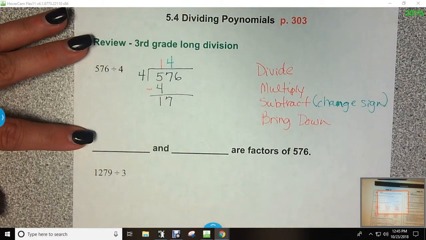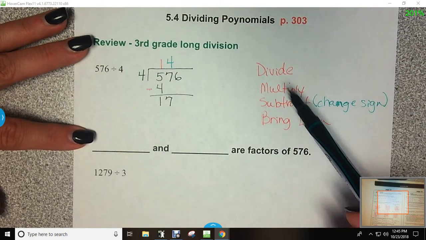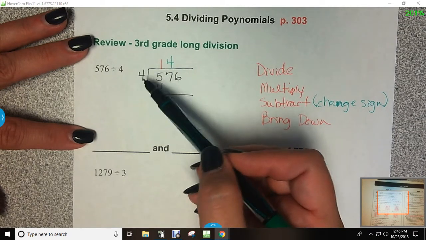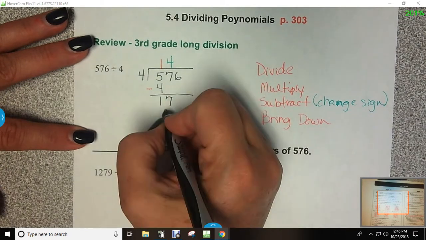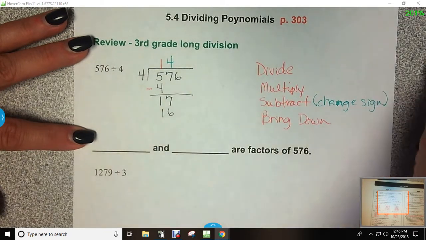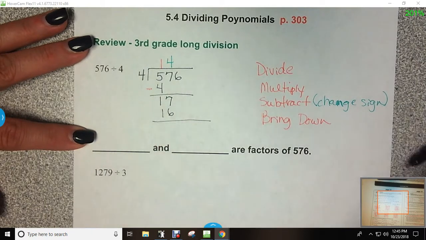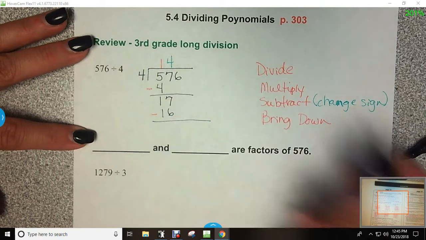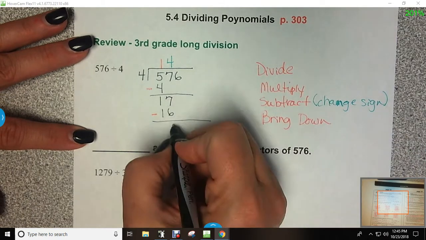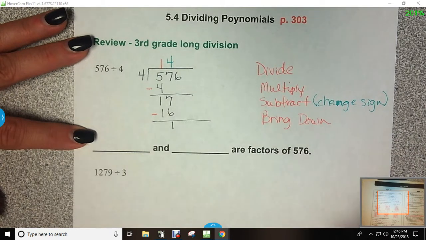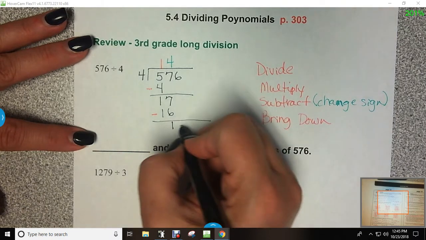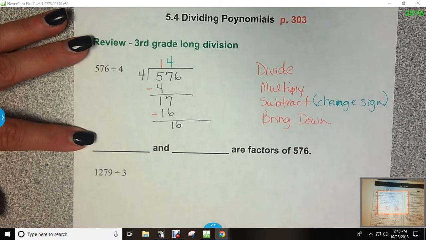After I'm done with the dividing part, step 2 is multiply the new number on top times the number in front. So 4 times 4 is 16. In order to subtract, I have to change that sign. So that gives me 17 minus 16 is 1. Bring down the 6 that's left over.